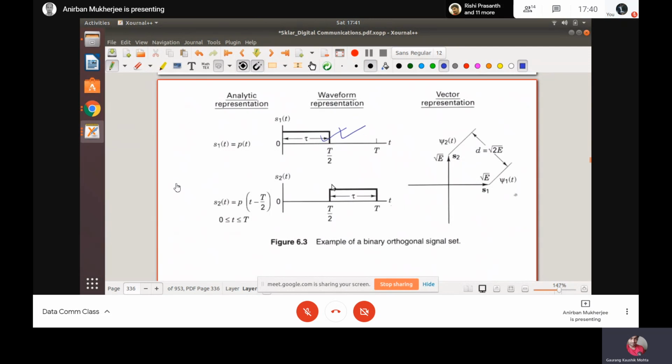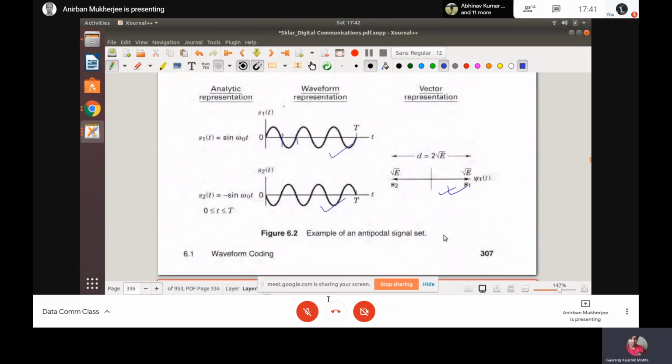Now if I have a delayed one, assuming the pulse's support is 0 to less than T/2 duration, and this is the delayed one, then if I do the integral of S1(t) S2(t) dt, I will find that it will be 0. When I have only S1(t), I have the value. In the vectorial representation, these are orthogonal. This is a binary orthogonal signal set, and this is an antipodal signal set.